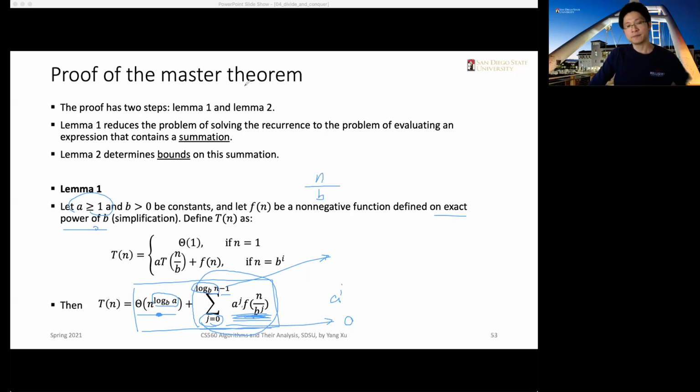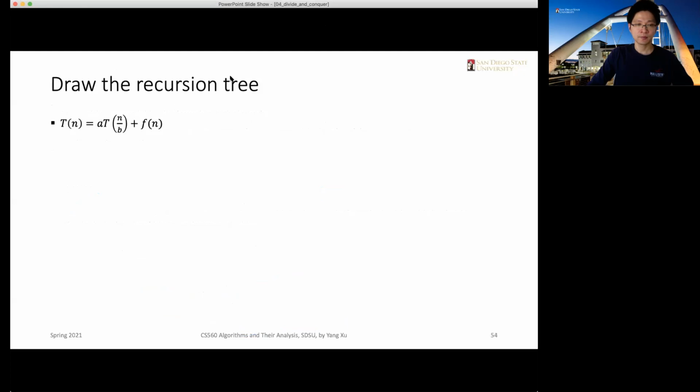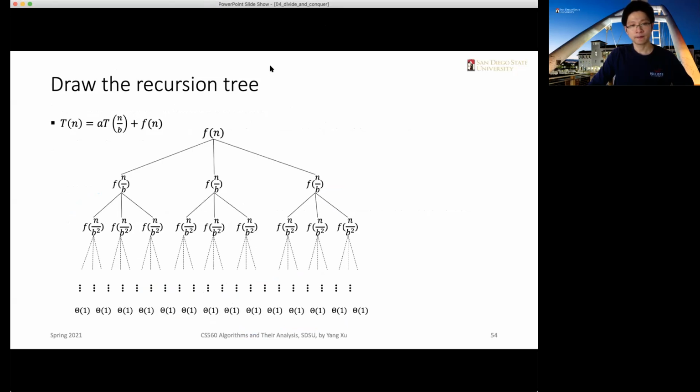So now let's go through the steps to see if this is the case. All we need to do is draw the recursion tree. The f of n is something we put in the root node here, and each division results in n over b.